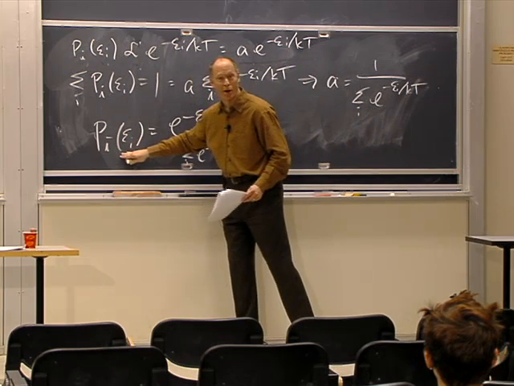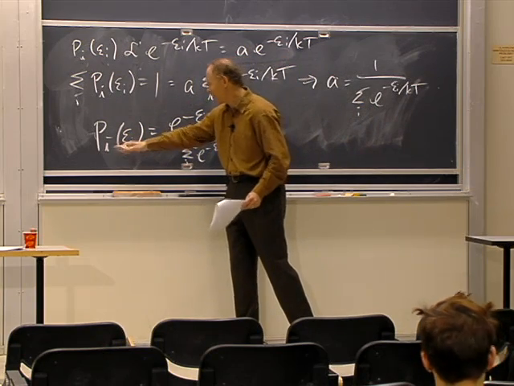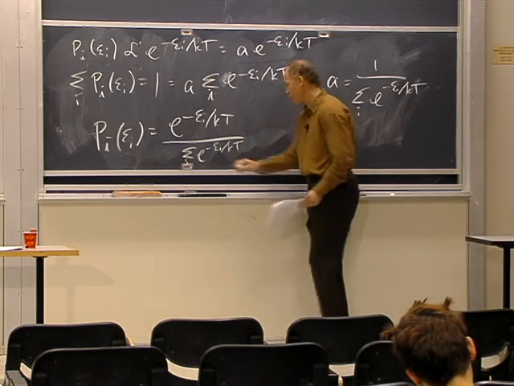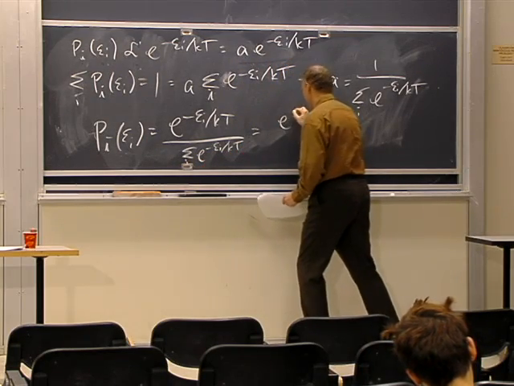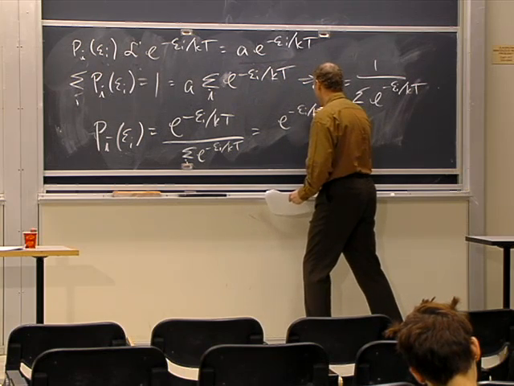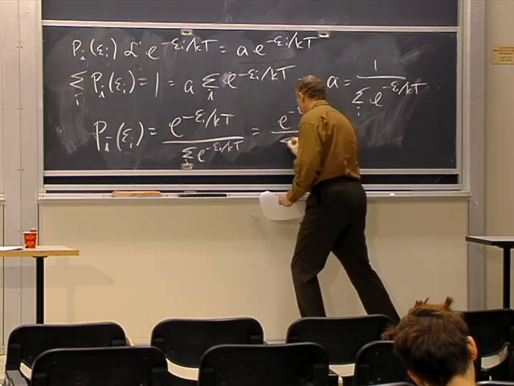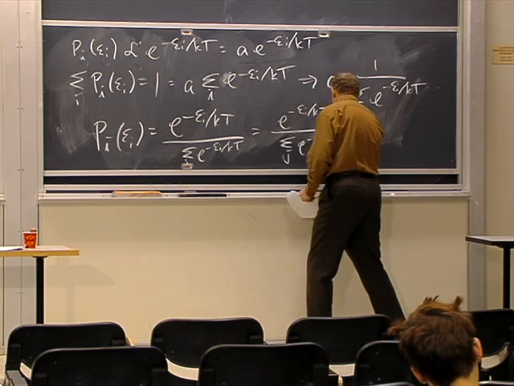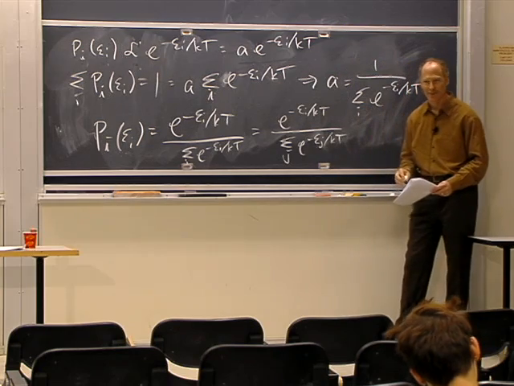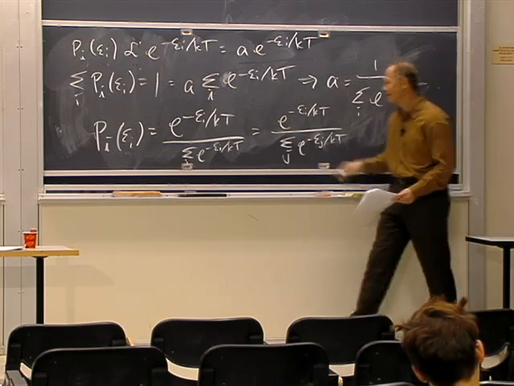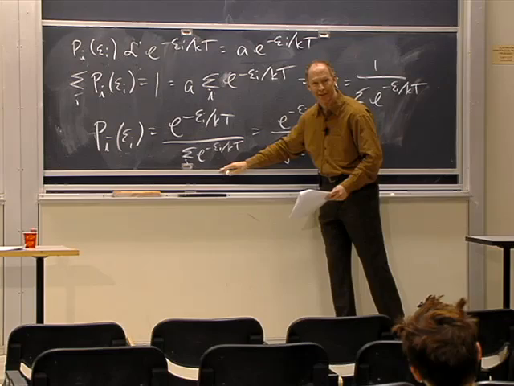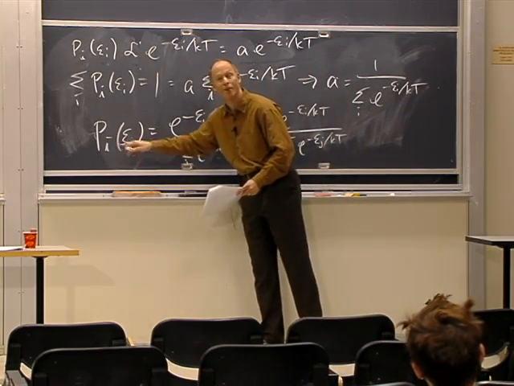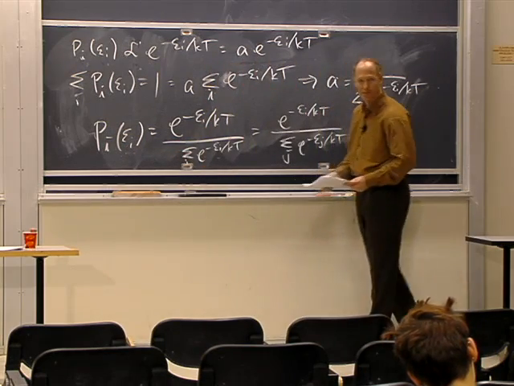That's the I we're talking about: what's the probability of being in some particular state I with energy EI? The I in the sum is just a dummy variable, so just to be explicit, we could write this just as well as e to the minus EI over KT over the sum over J of e to the minus EJ over KT. It can be confusing, but this is usually the way it's written, even though the dummy variable has nothing to do with the particular choice made here.